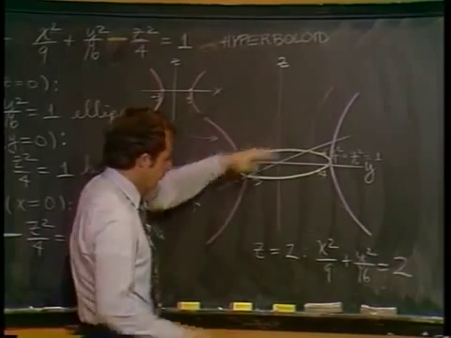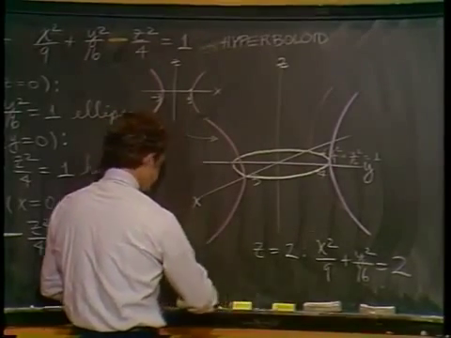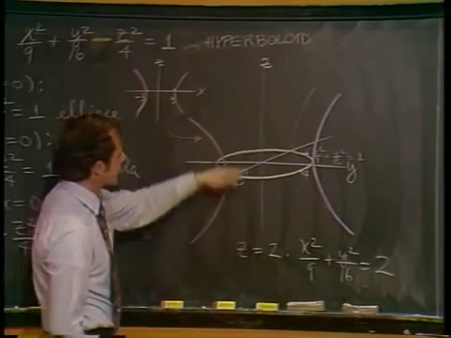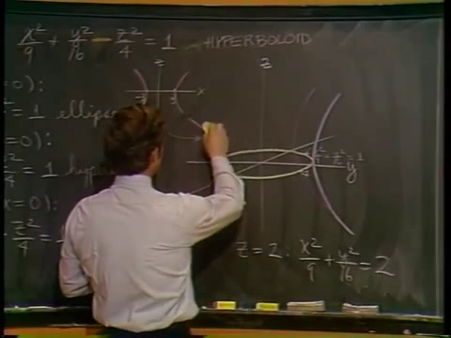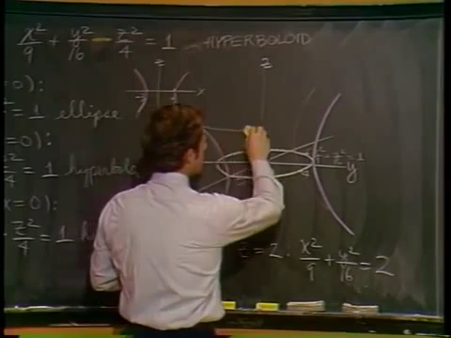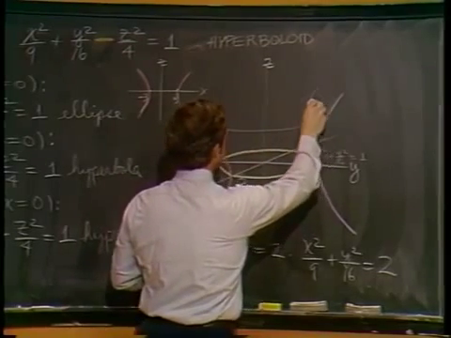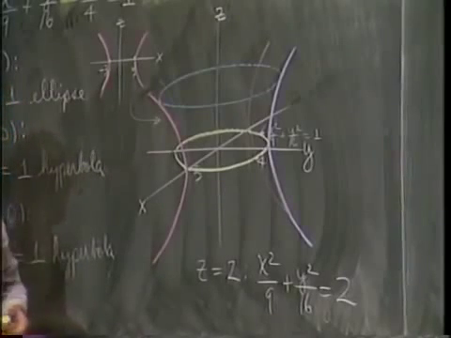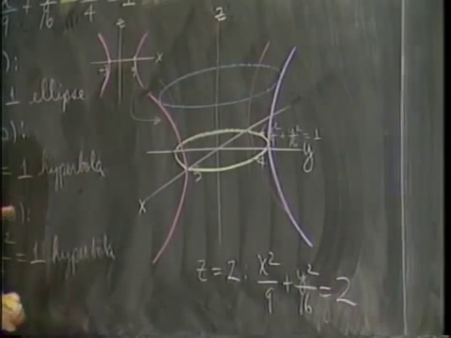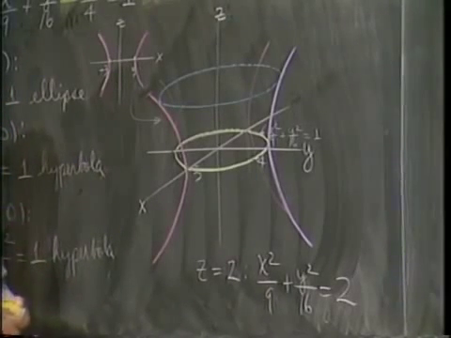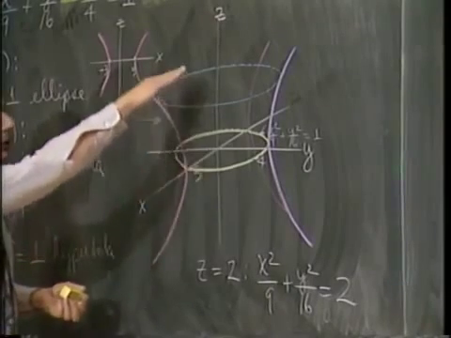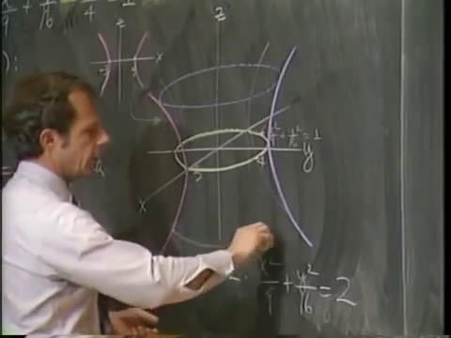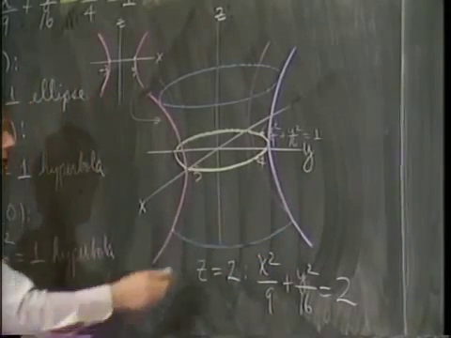So if I go up 2 units on the z-axis, it turns out that I get, again, another ellipse. It's going to look something like that. And if you took more and more of these horizontal traces, you'd see all of these ellipses stacked one on top of the other. In fact, there'd be one, let's say down here at z equals minus 2.